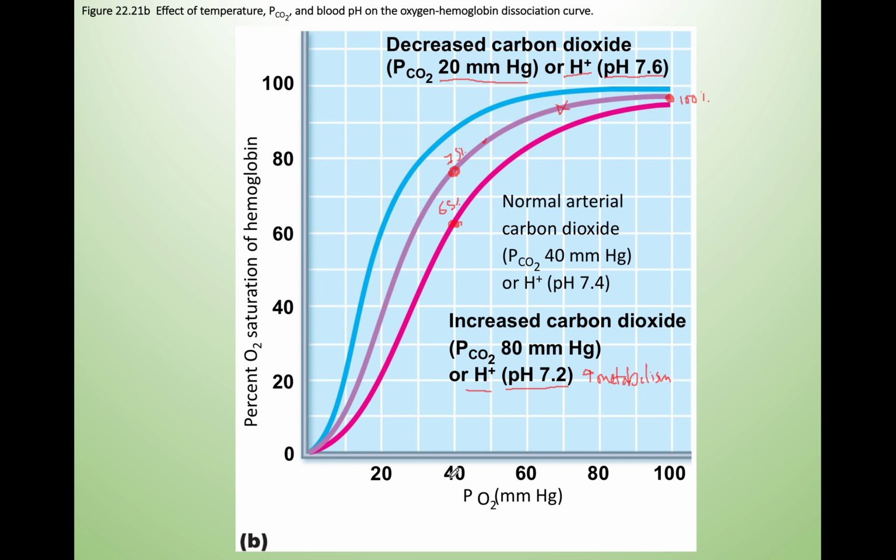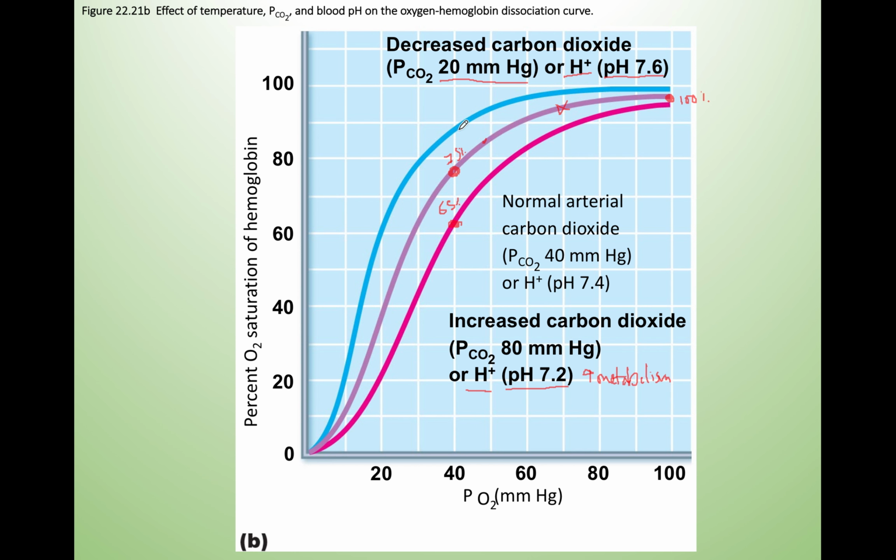But if any of the conditions mentioned above happen, then my body says, well, the pressure of carbon dioxide is already really low. So why do I want to release more oxygen to the tissue? It doesn't seem my body is using that oxygen anyway. So what I'm going to do is hold on tightly to that oxygen. Under normal condition, saturation in the tissue would be about 75%.